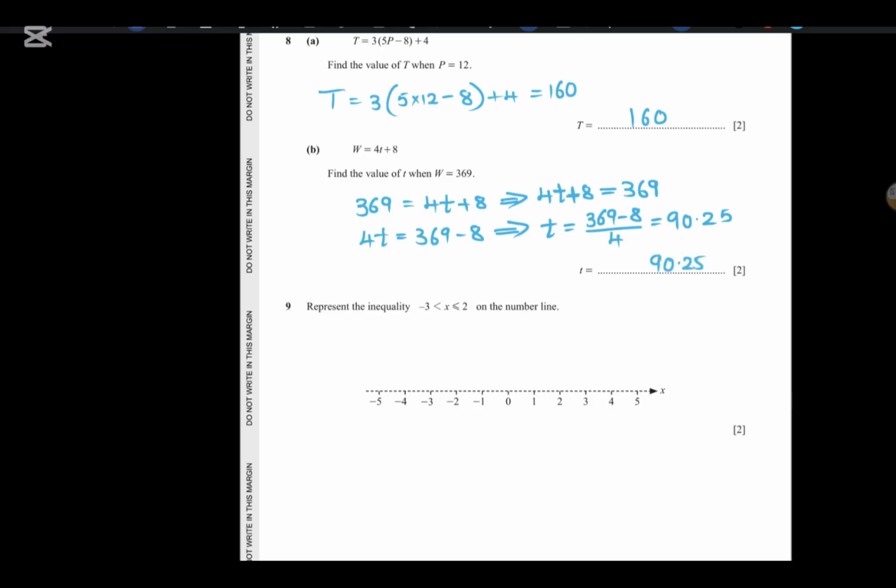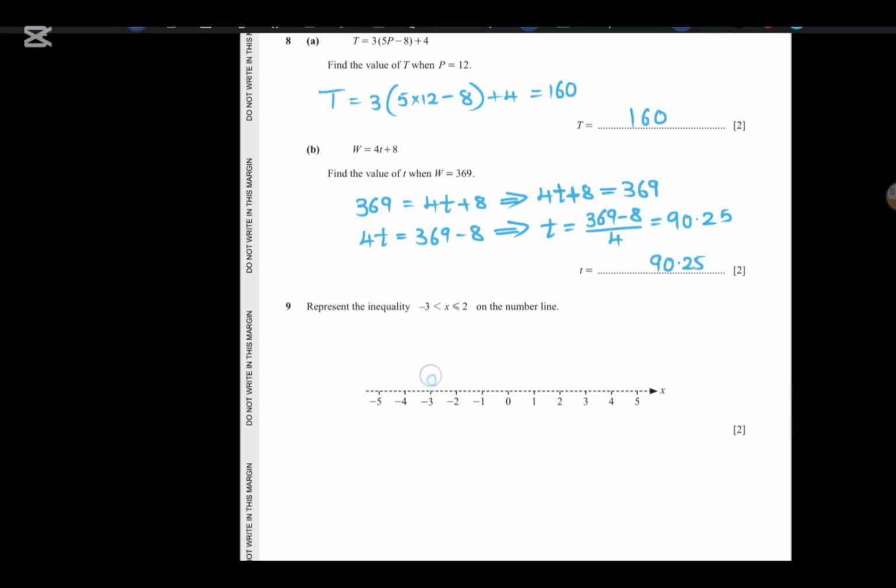Question number 9. Represent the inequality minus 3 less than x less than or equal to 2. So when it is given as less than, you have to put a circle on this number without shading, and when it is given less than or equal to, you have to put the circle with shading. The numbers you have seen here are minus 3 and 2.